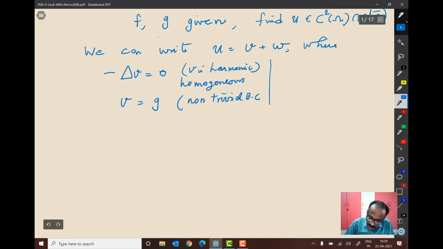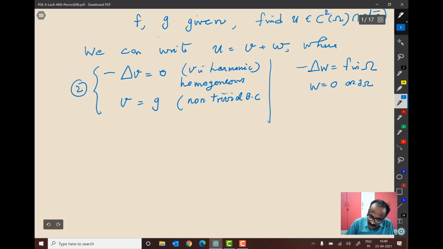On the other hand, w satisfies minus Laplacian of w equal to f in omega and w equal to 0 on the boundary of omega. So this is your problem 2.